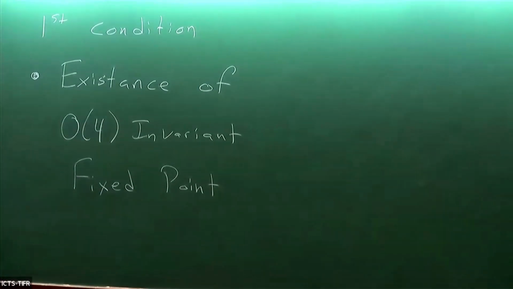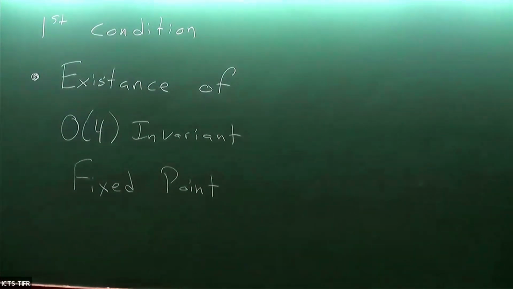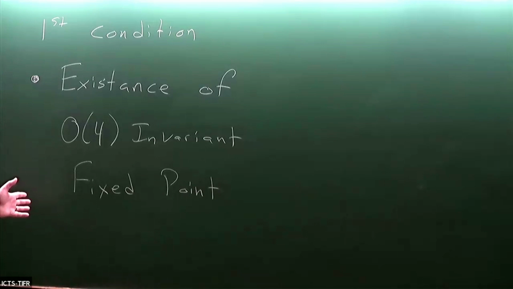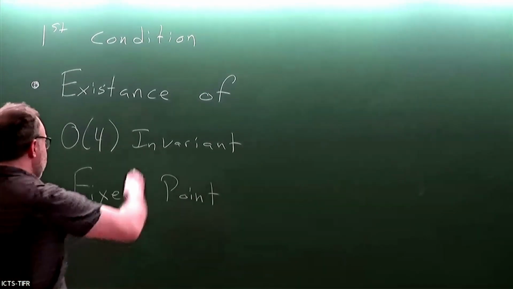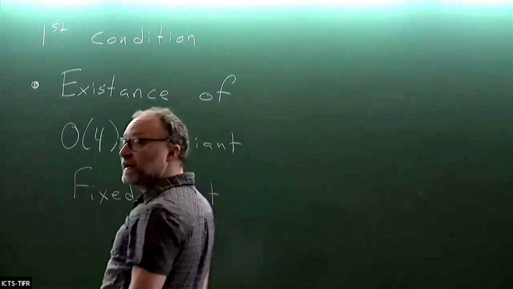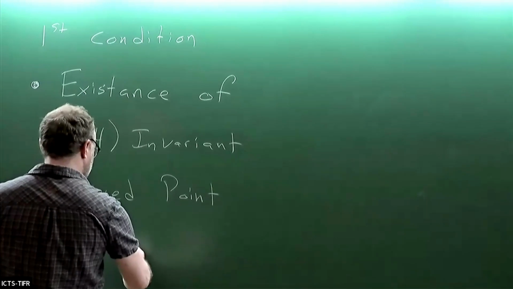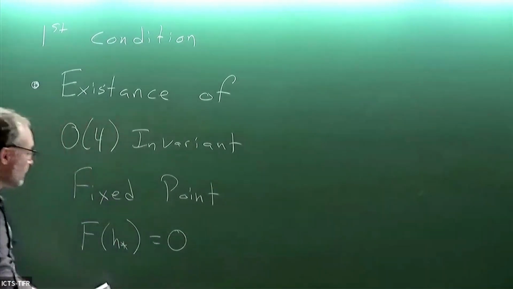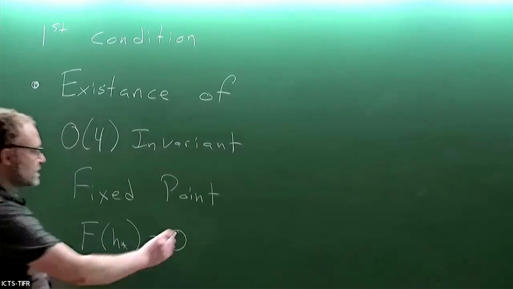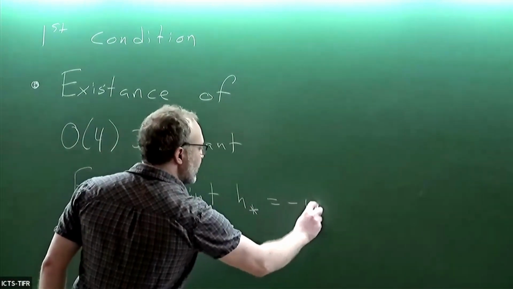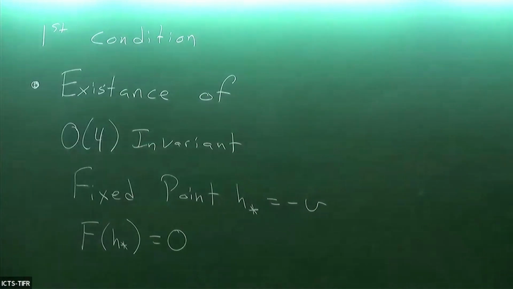Alonso, Jenkins, and Manohar have this beautiful derivation where they argue that you can identify this in the HEFT Lagrangian by solving for the coefficient of the Goldstone term equals 0, and that identifies this O4 invariant fixed point that we call H star, which we identify as minus the VEV. So this tells us how much we need to shift little h in field space in order to find the point where SMEFT could exist.